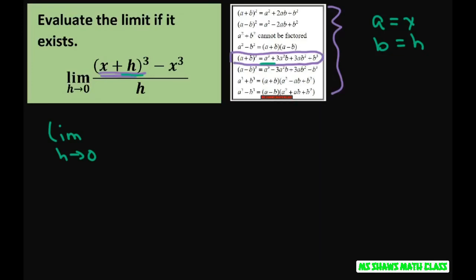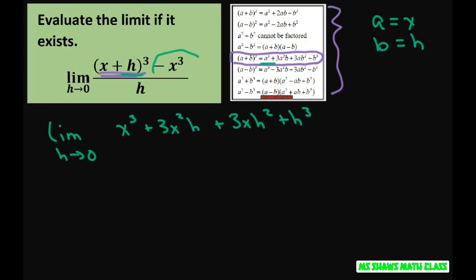So this is going to write out as x cubed plus 3x squared h plus 3x h squared plus h cubed.